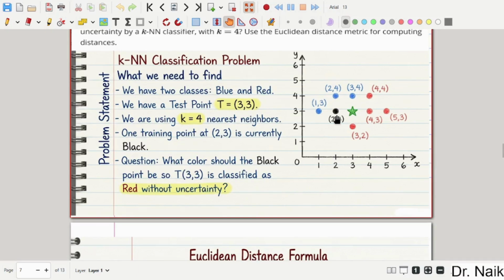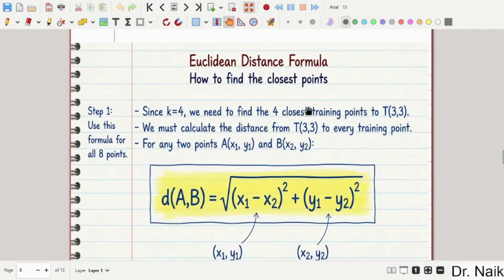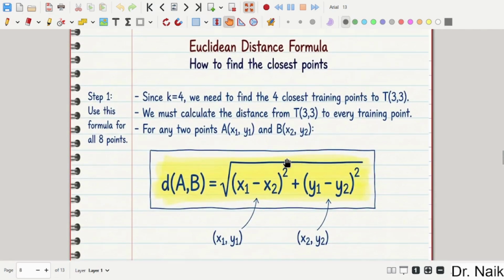Our training point (2, 3) is currently black, and the question is, what color should the black point be given so that the test point is classified as red without any uncertainty. We know the Euclidean distance, as k is 4.